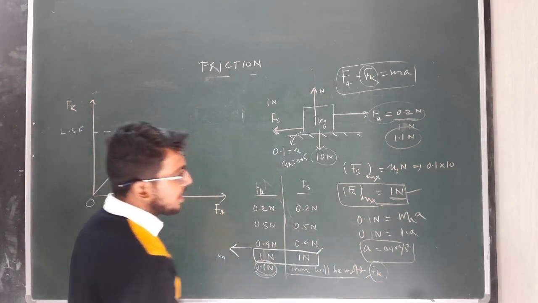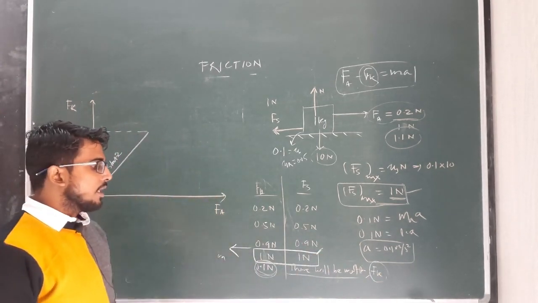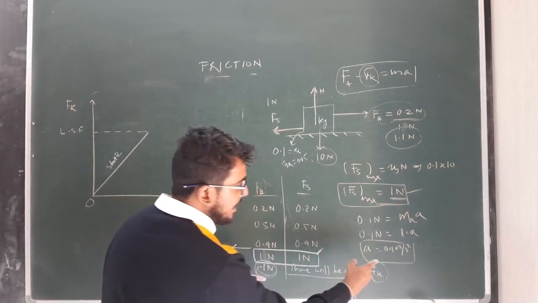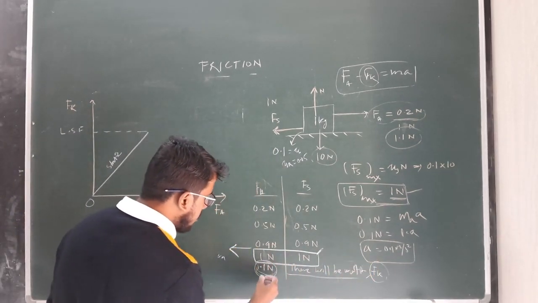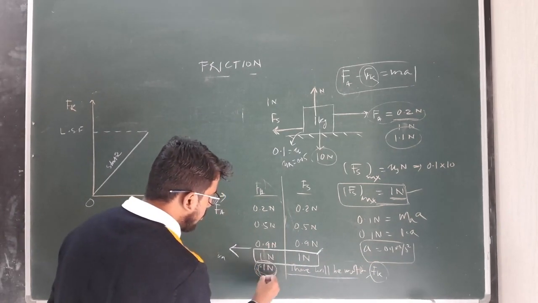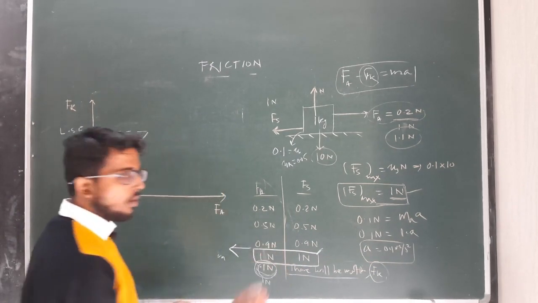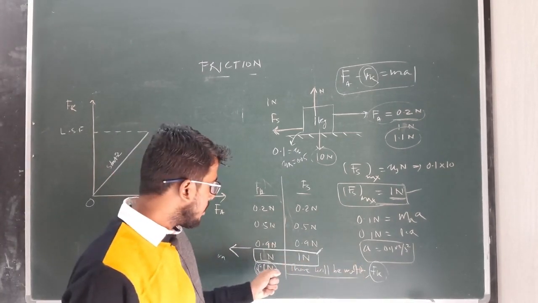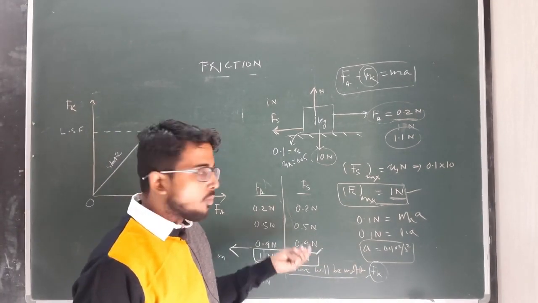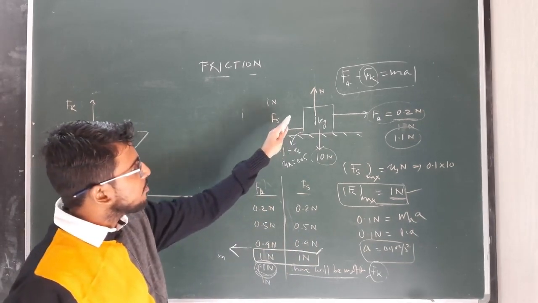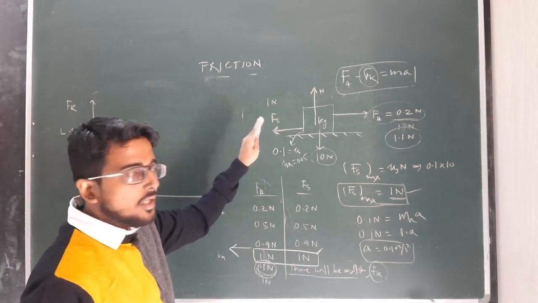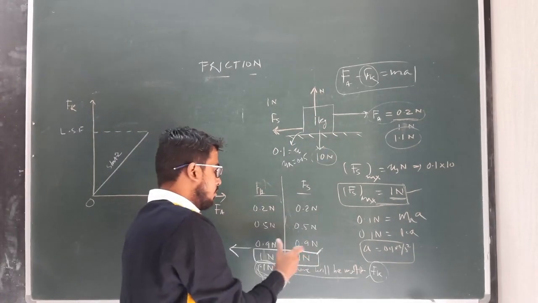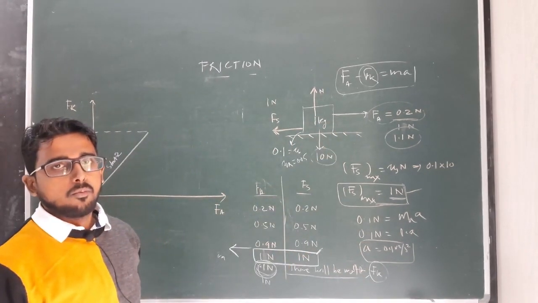Okay, so here the force just increases above this. Now the body will start sliding or moving, and you have to remember, once the body starts sliding, if we decrease the applied force further, from 1.1 to 1 Newton, still the body will keep moving. Once the frictional force changes from static to kinetic, if we decrease the applied value slightly, the body will still move.